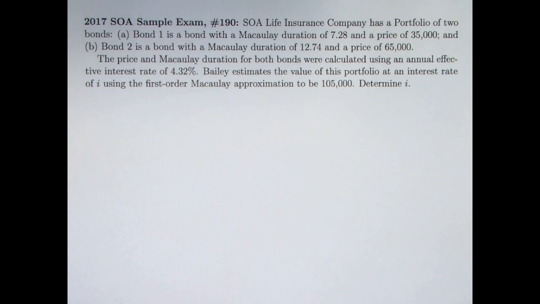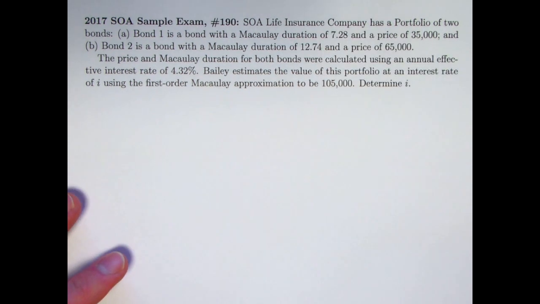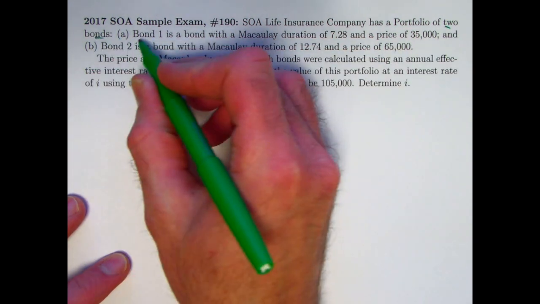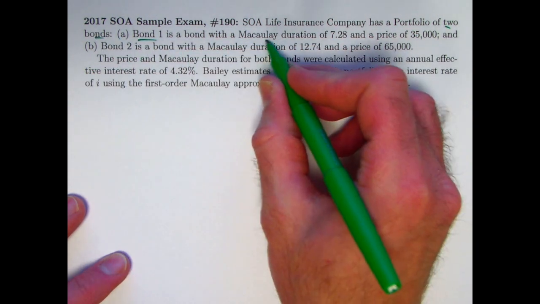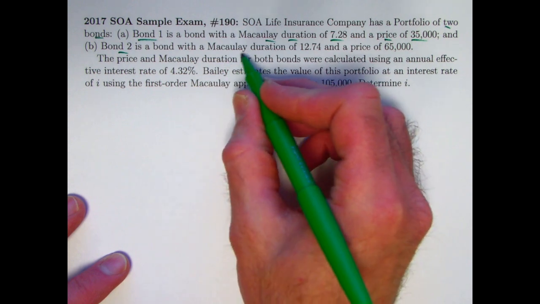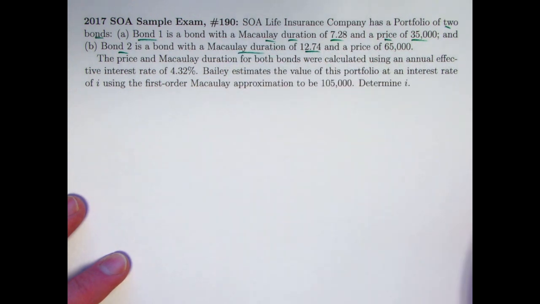We've got a couple bonds. So SOA Life Insurance Company, I guess that would be the Society of Actuaries Life Insurance Company, has a portfolio of two bonds. Bond 1 has a Macaulay duration of 7.28 and a price of $35,000. And Bond 2 has a Macaulay duration of 12.74 and a price of $65,000.